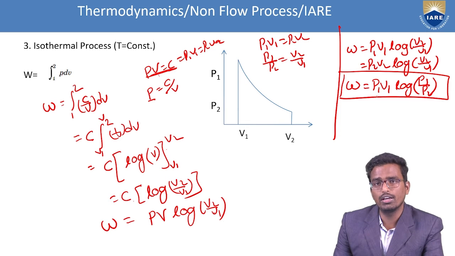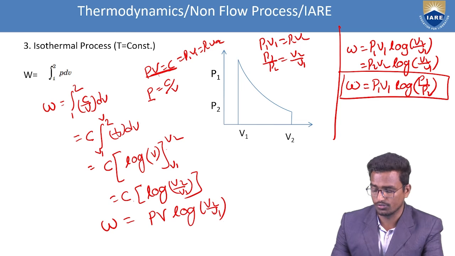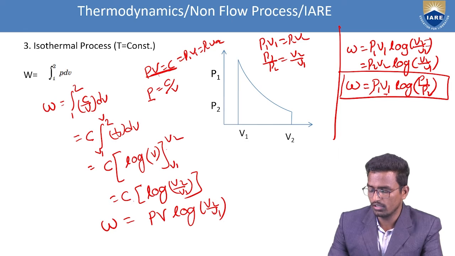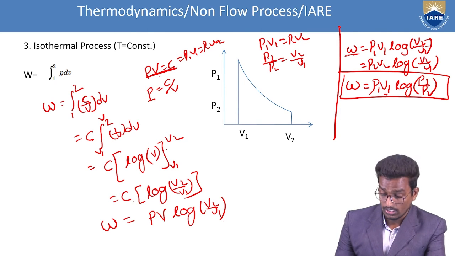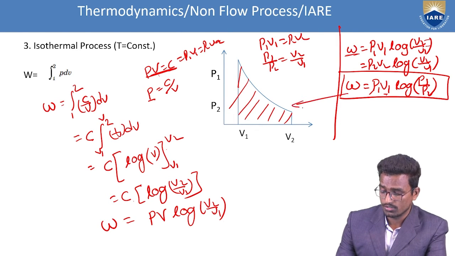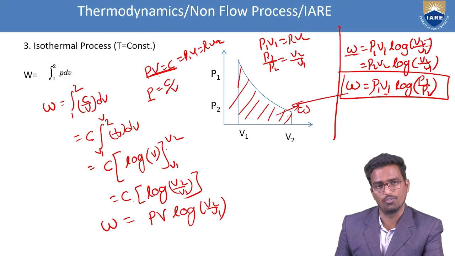What inputs are required? If you know any three values, such as P1, P2 and V1, or V2, V1 and P1, you can easily find the work done in an isothermal process. If you calculate the area under the curve on the graph, you get the same value.